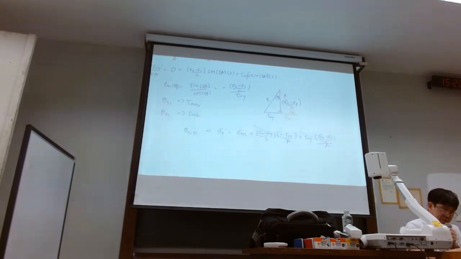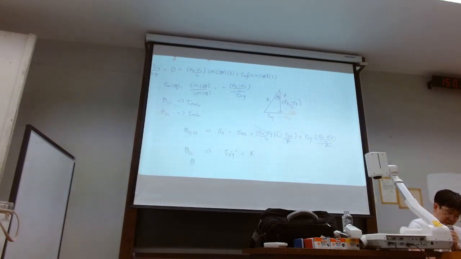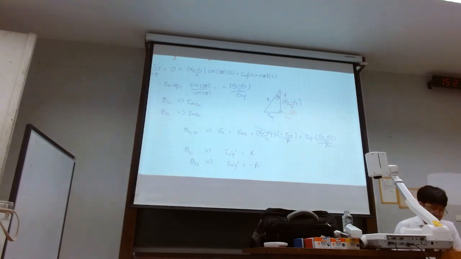So again, sigma x prime will always be sigma average at theta S1 or theta S2, and at theta S1 you will get tau x prime y prime equal to R. At theta S2 you will get tau x prime y prime equal to negative R. And that's going to be the basic knowledge of the stress transformation.